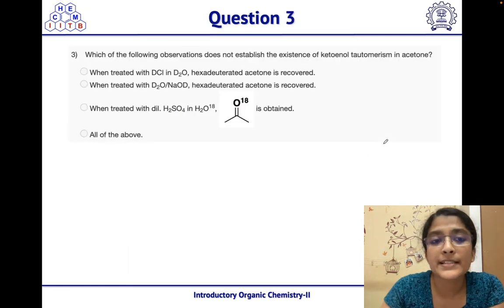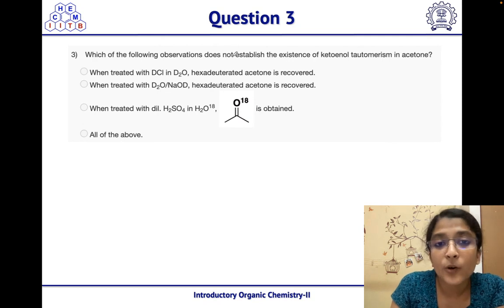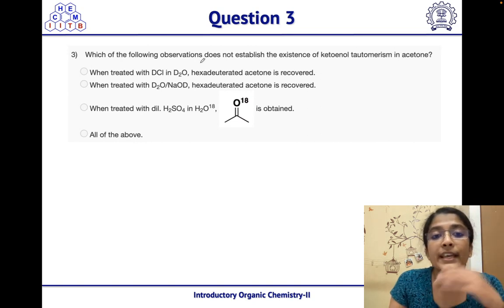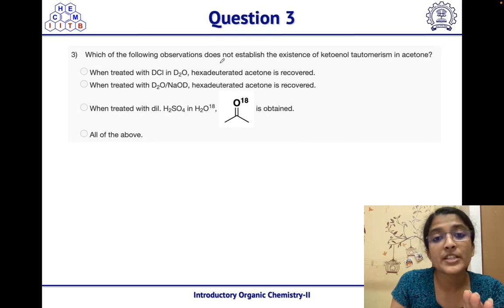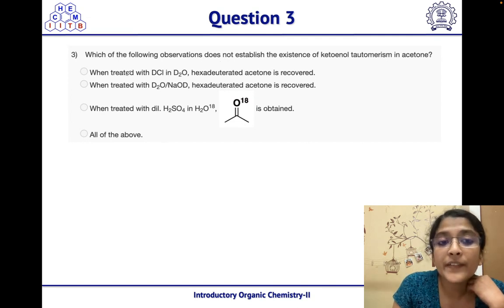So here they are asking, which of the following observations does not establish the existence of keto-enol tautomerism in acetone? The first option: when treated with DCl in D2O, hexadeuterated acetone is recovered.